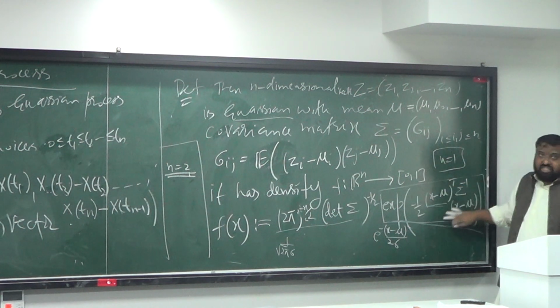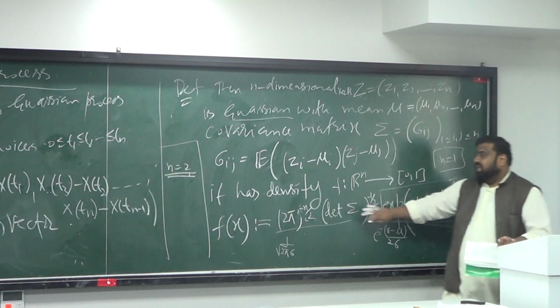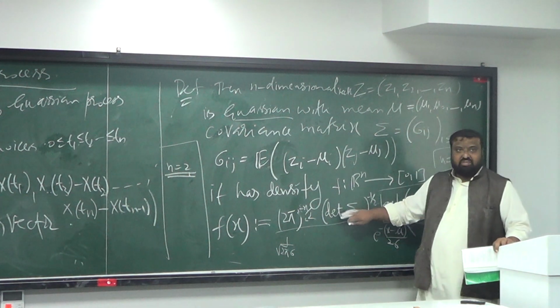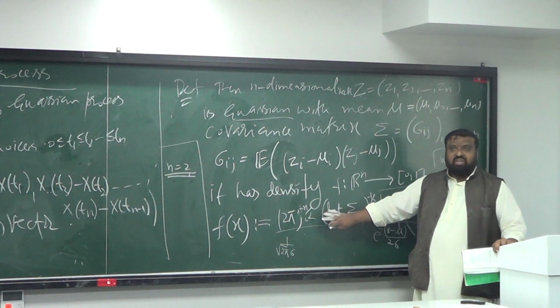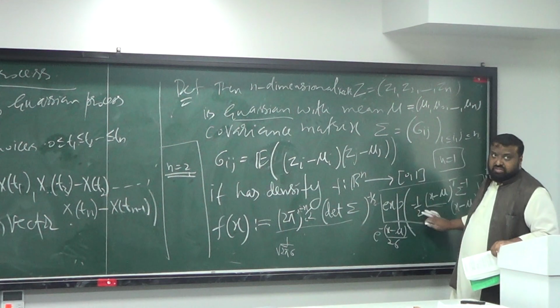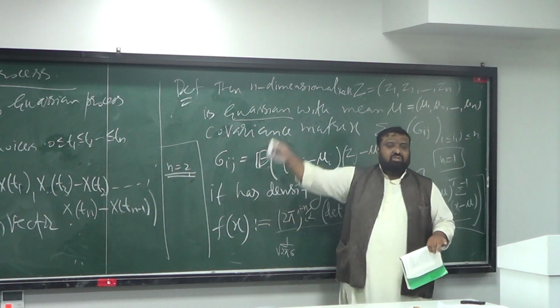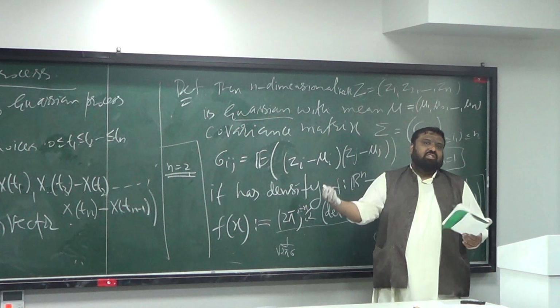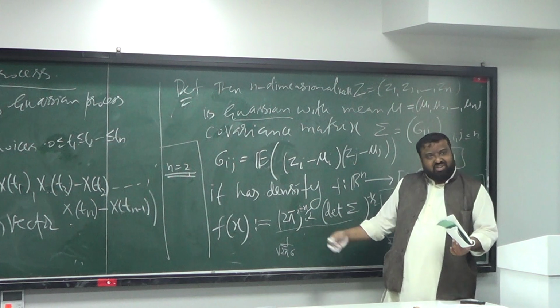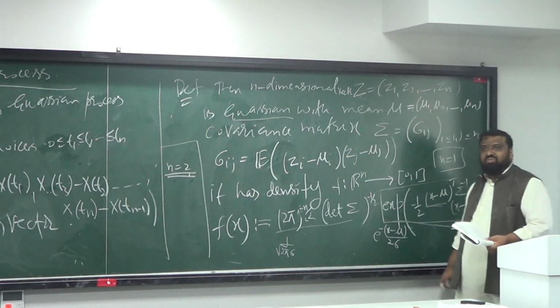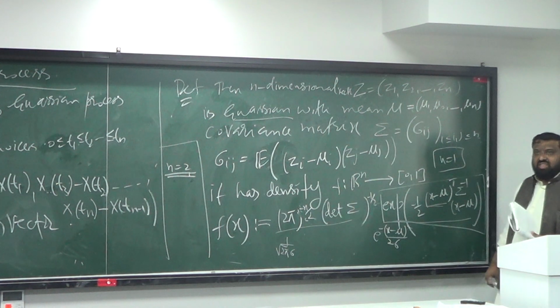Ultimately this exponential is a function of x and y, and this is just a number, the determinant. So a number is multiplied with a function of x and y. When you want to integrate it, you need to do the double integral. If you are in 2 dimensions, you can easily show that this is a PDF, it's not a big deal.